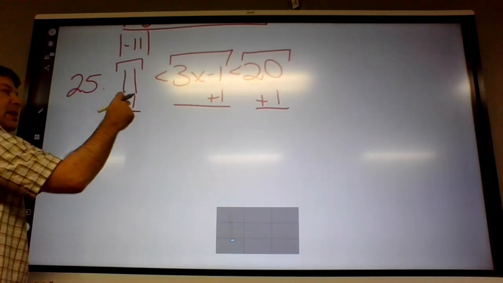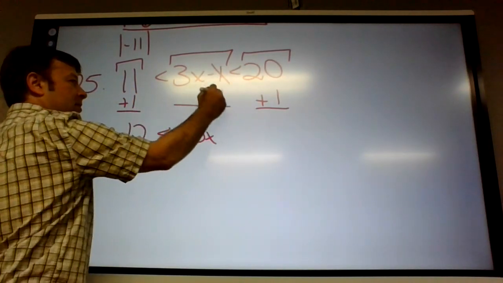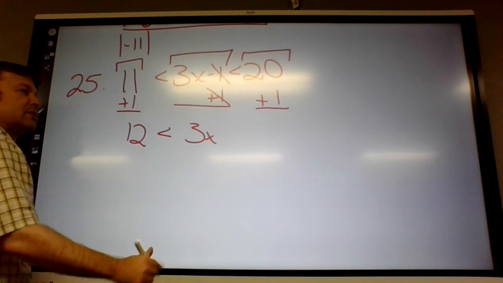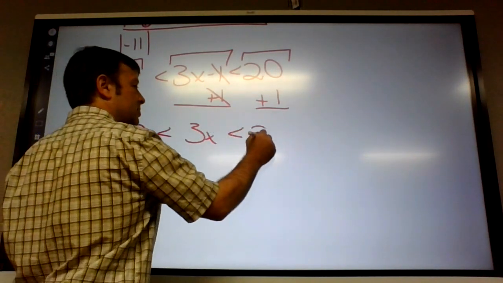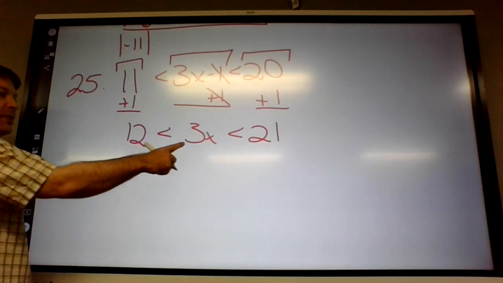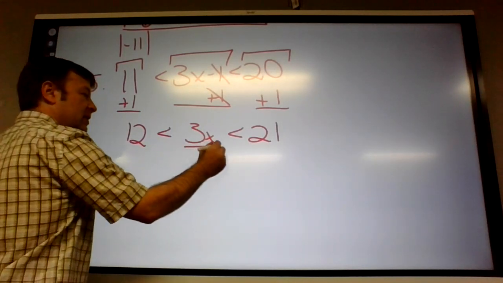So 11 plus 1 is 12. In the middle, all we have left is 3x. Okay, now what do I do to get rid of the 3? You would divide. Divide by 3.